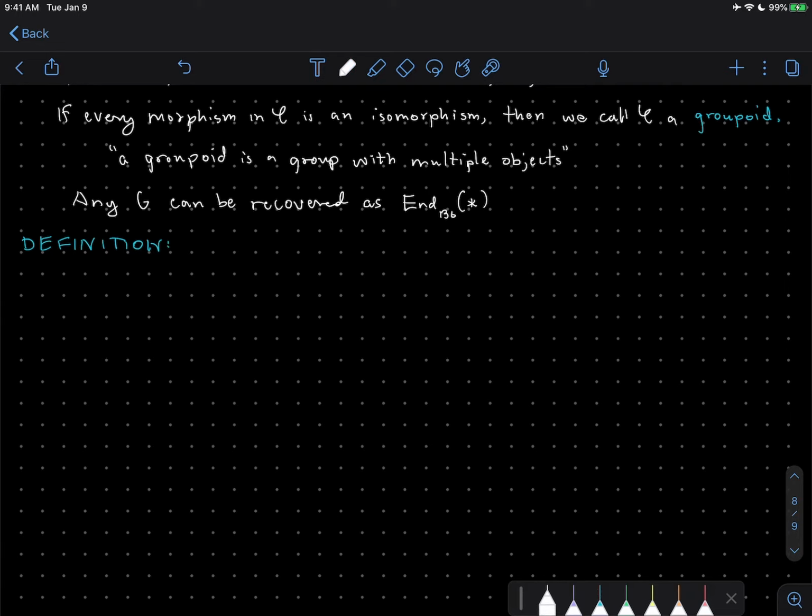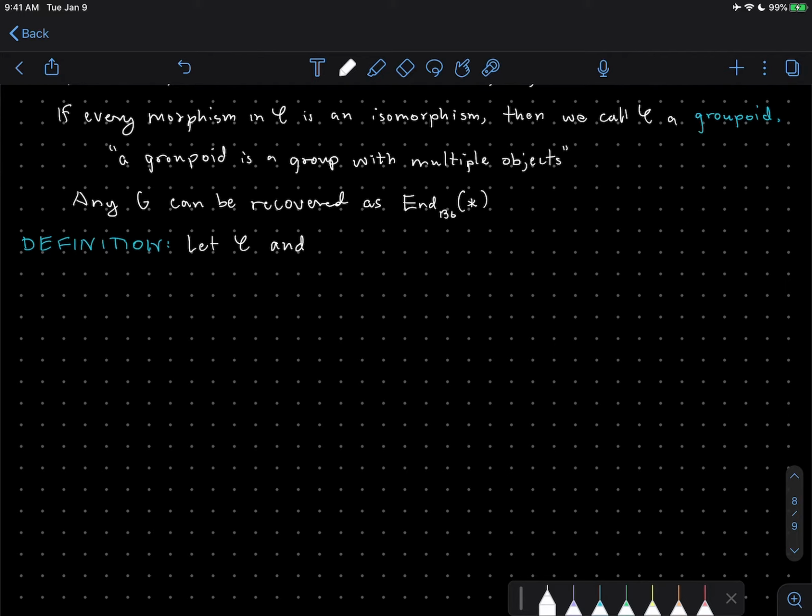Sort of as with many other examples throughout algebra, it will be some kind of set function or functions that respect the conditions of the category. Okay, so let's take two categories.